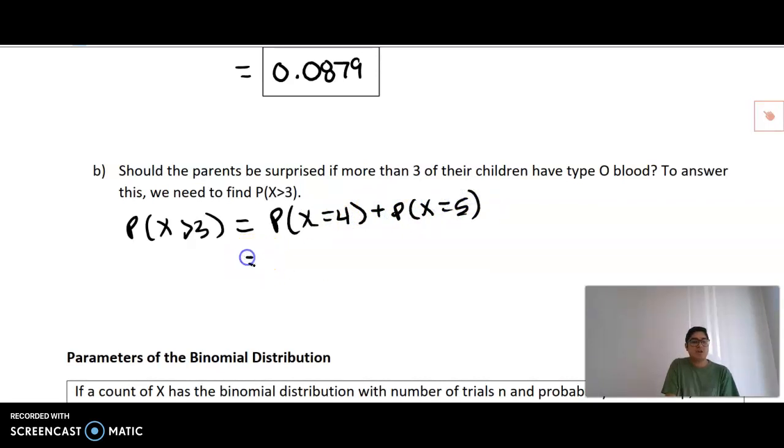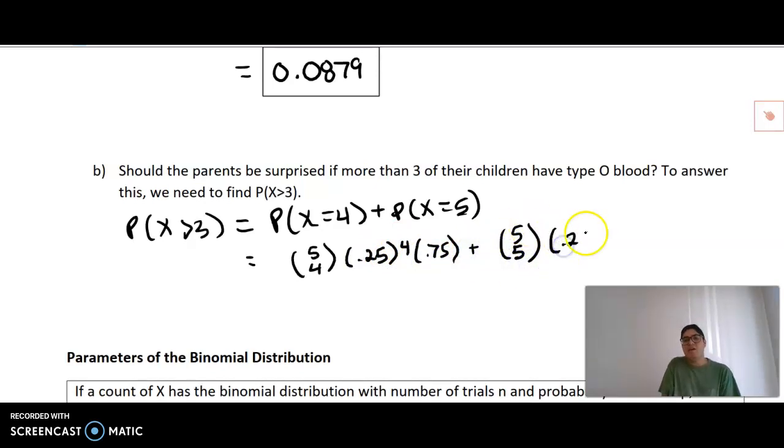And I'm just going to show the formula here. But again, I will teach you how to use the calculator in a bit. So 5 choose 4 times 0.25 to the 4th times 0.75 plus 5 choose 5. Notice not 5 divided by 5. 0.25 to the 5th, because we have 5 successes and then no failures.